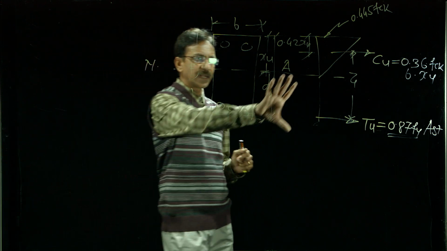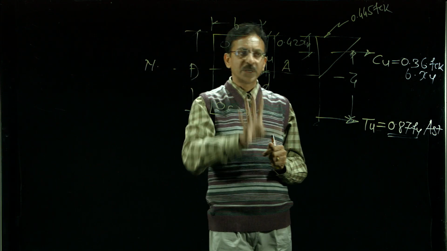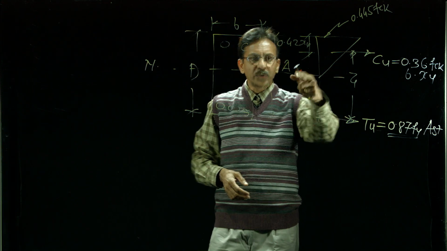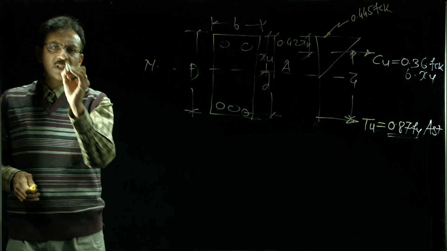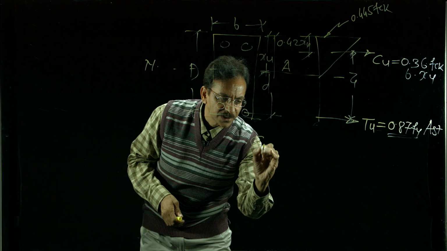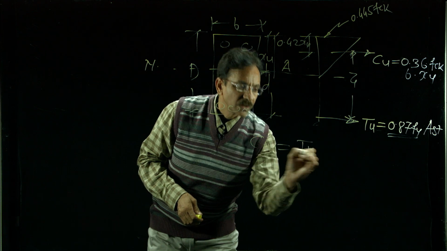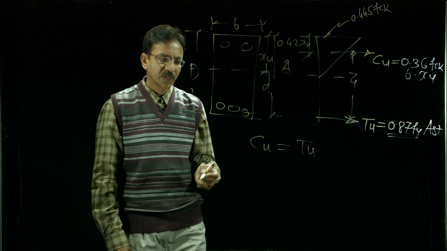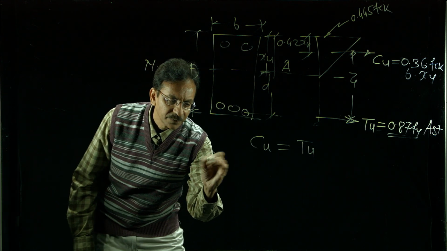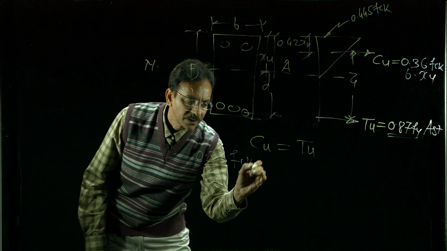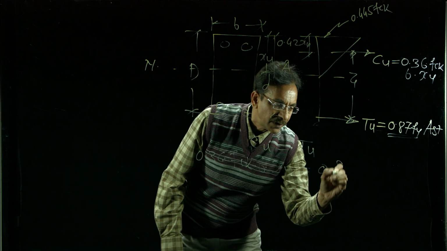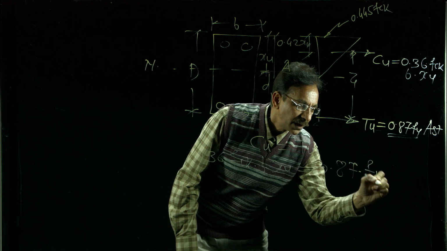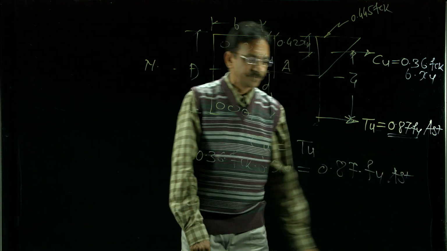From the stress strain behavior diagram, you calculate the position of the neutral axis. Equating total compressive force Cu to total tensile force, 0.36 fck b xu equals 0.87 fy Ast.